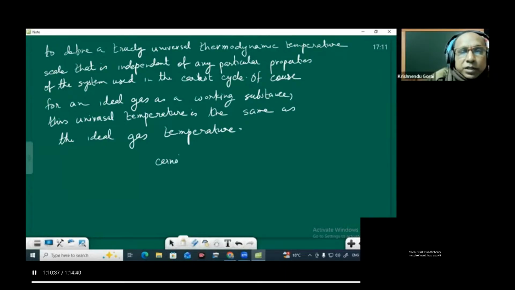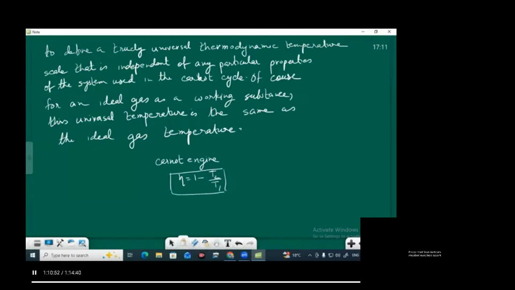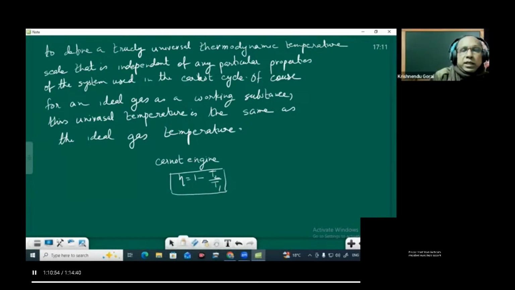This is a long process actually, the Carnot engine, right? In the Carnot engine, what you have to do? You have to prove that eta is equal to 1 minus T2 by T1. This we have to prove. This is the Carnot engine. I already told you in the second law of thermodynamics, there are two things: one is the heat engine and the other is the refrigerator.